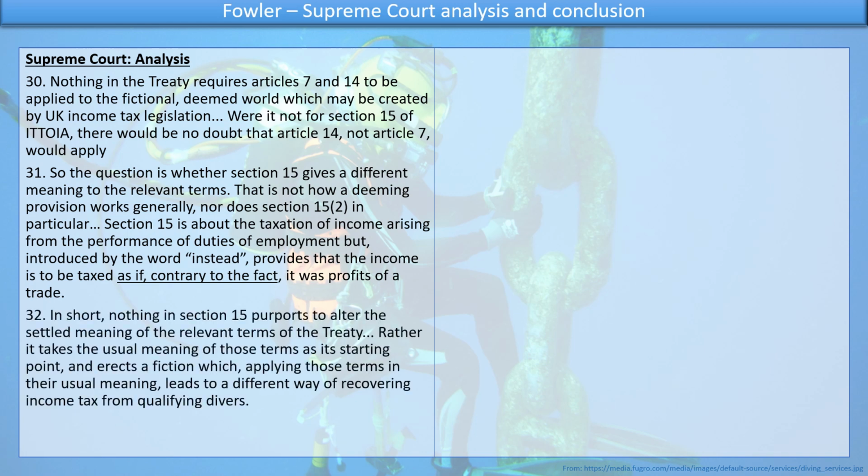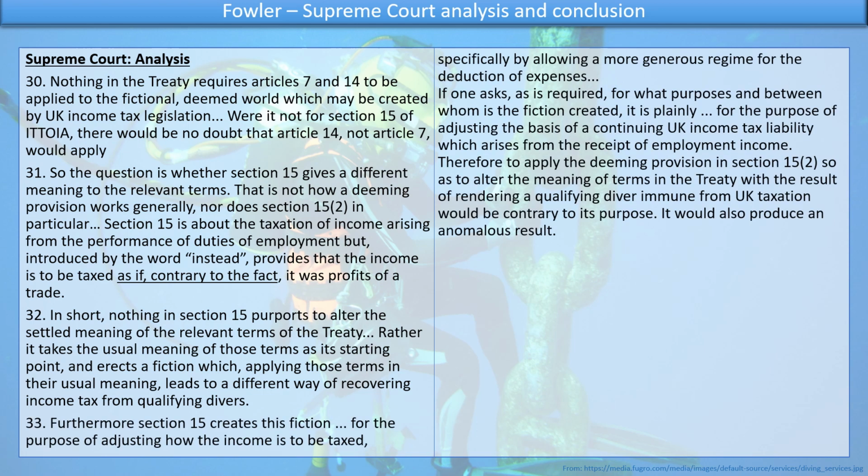It says, in short, nothing in Section 15 purports to alter the settled meaning of the relevant terms of the treaty. Rather, it takes the usual meaning of those terms as its starting point and erects a fiction which, applying those terms in their usual meaning, leads to a different way of recovering income tax from qualifying divers.